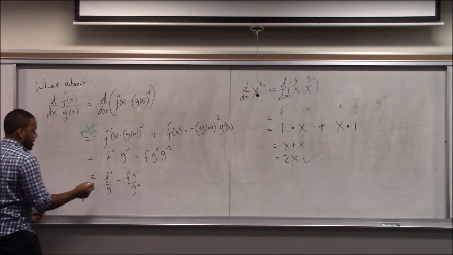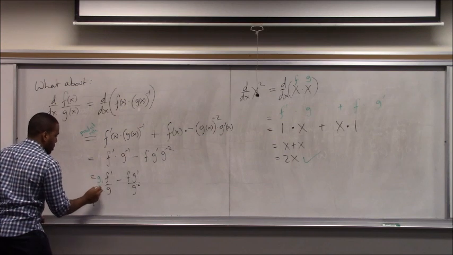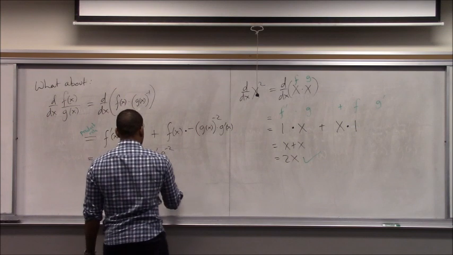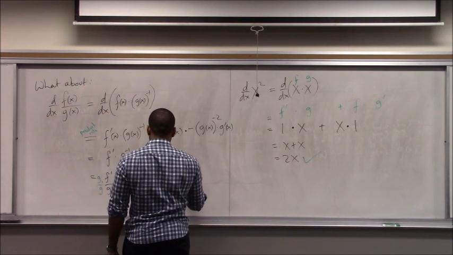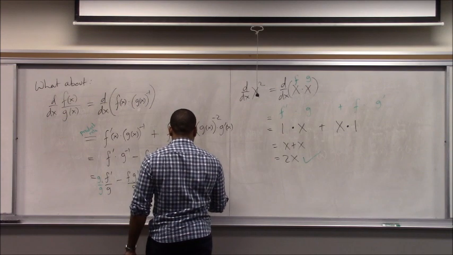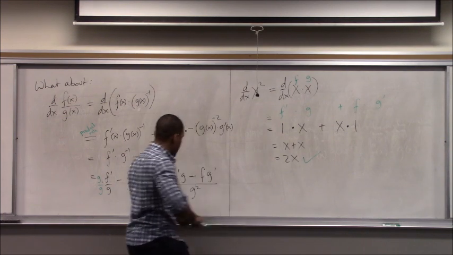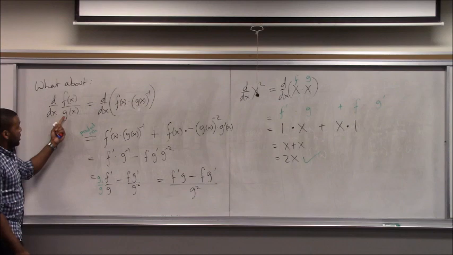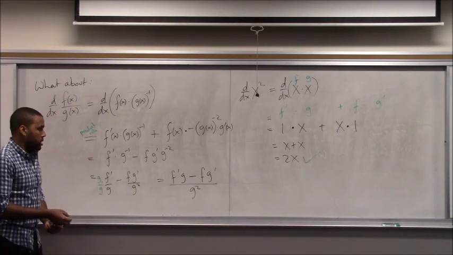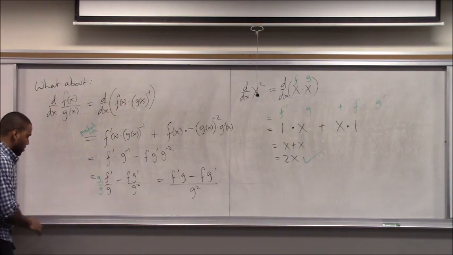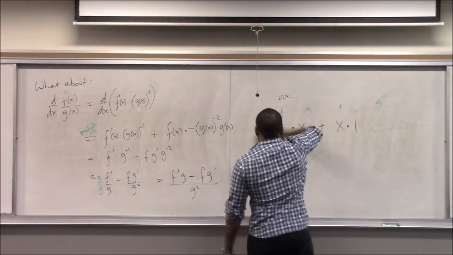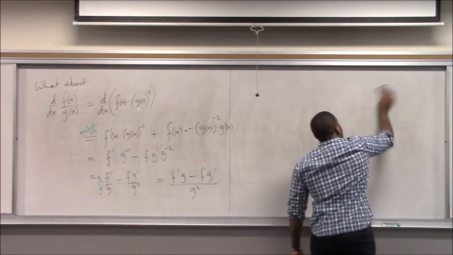I want to combine these, so I can multiply by g over g to create a common denominator, and then I would get f prime g minus f g prime all over g squared. And it turns out then, to differentiate a division, the result would be something like that after I combine fractions. It might not be simplified fully at that point.